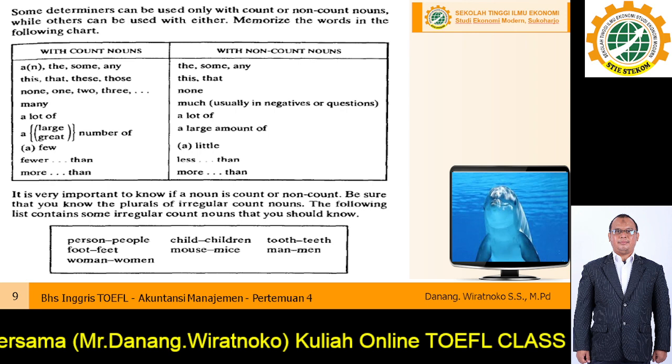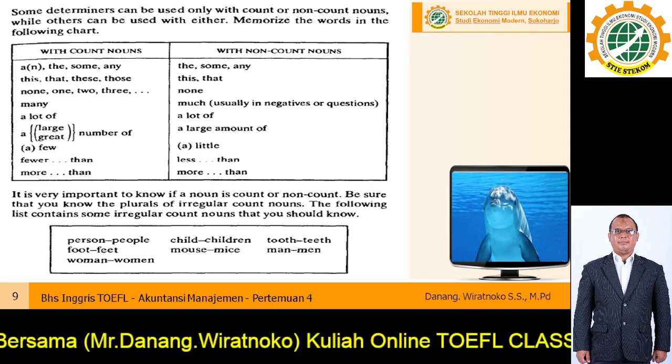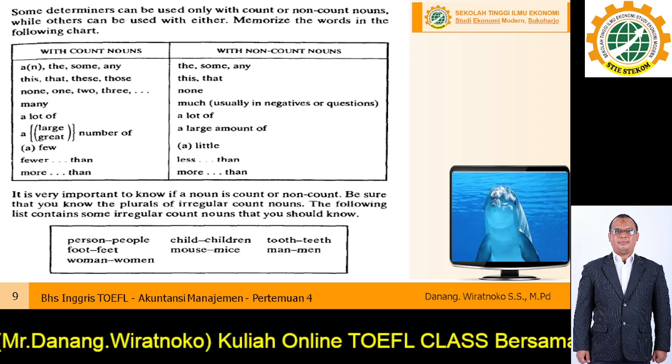Woman, women. Child menjadi children. Okay, I have 1 child, a daughter, and then I have another one, a boy, so it becomes I have 2 children. Mouse becomes mice. Okay, tooth becomes teeth. Man and men. Man, men.